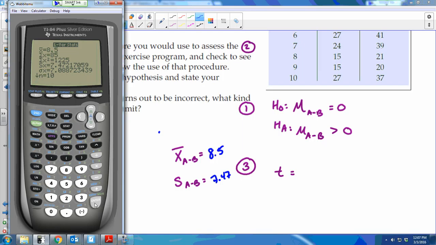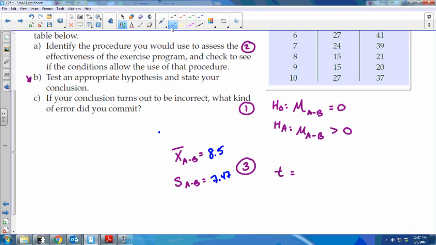All right, so if I do this, my t statistic, I have my mean difference, so 8.5, minus what I think the mean difference is, which I'm assuming is 0 in the null hypothesis, divided by the standard error, which is the standard deviation of the differences over the square root of n.